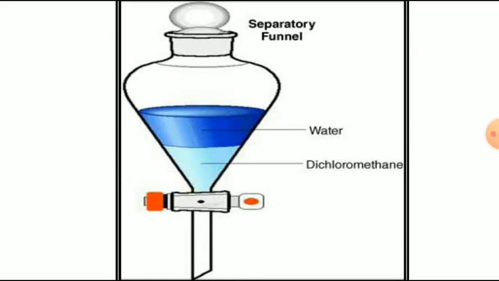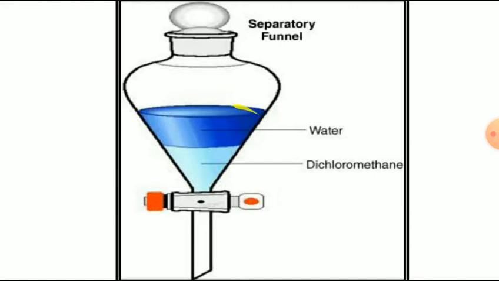These are two immiscible liquids. Dichloromethane is an organic solvent. When we mix dichloromethane with water, it is not miscible with it. That means both are simply immiscible.